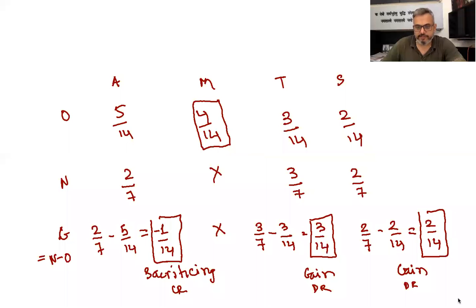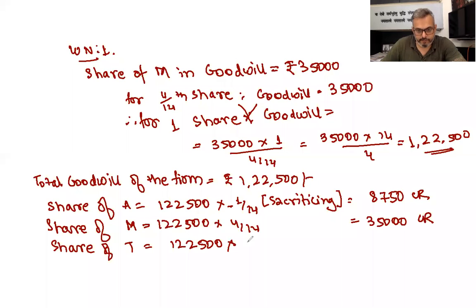T का शेयर है 3/14. So 3/14 which is equal to 26,250. As you know this is a gain, तो इसको हमें करना पड़ेगा डेबिट.